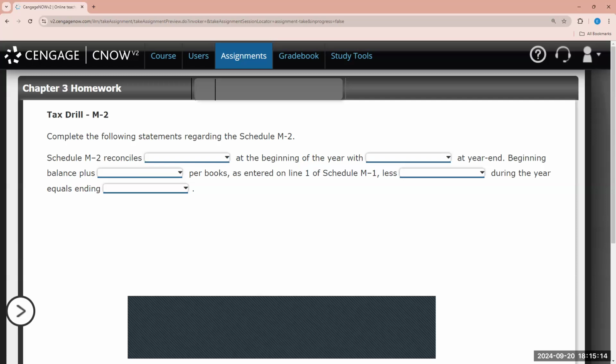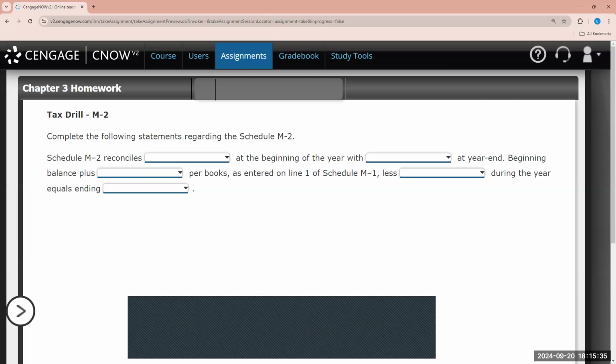This next problem asks us about M2. So Schedule M2, we just discussed Schedule M1 and M3. Schedule M2, on the other hand, reconciles any unappropriated retained earnings at the beginning of the year with any unappropriated retained earnings at the end of the year.